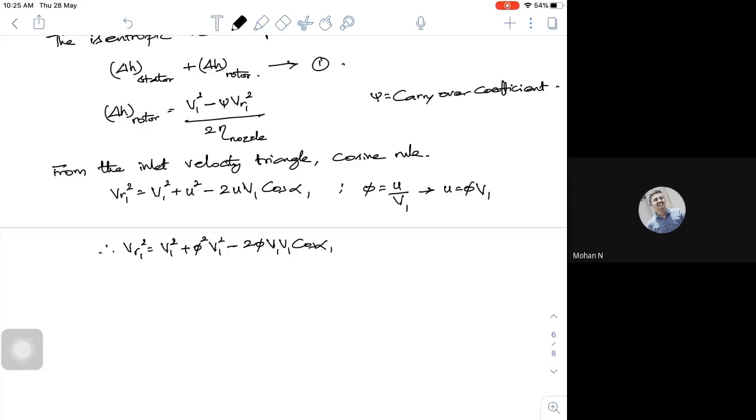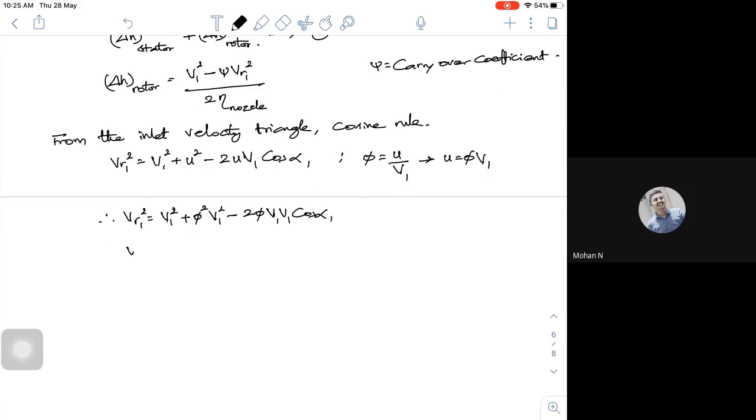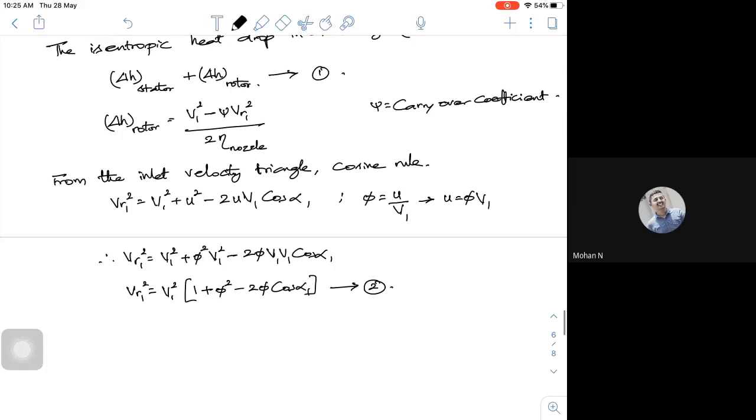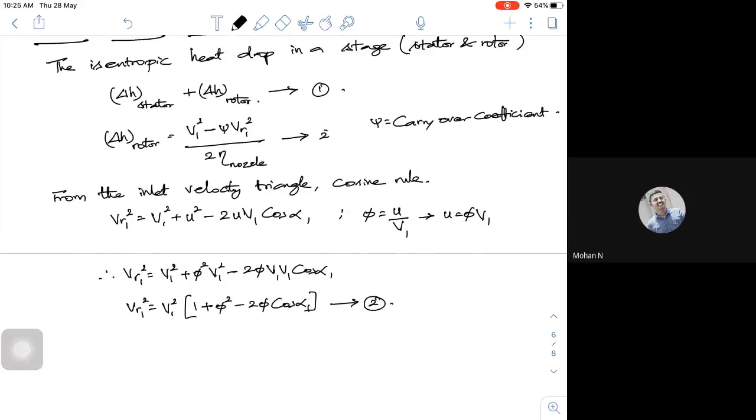I can write my V1 square outside, as 1 plus phi square minus 2 phi into cos alpha 1. Let me call this expression 2, and the earlier one expression 3.